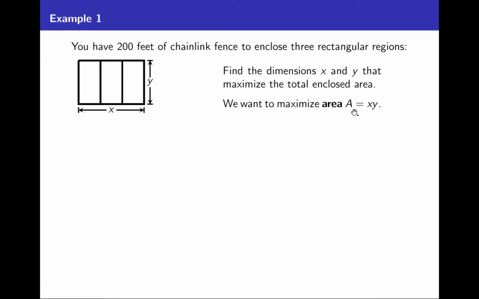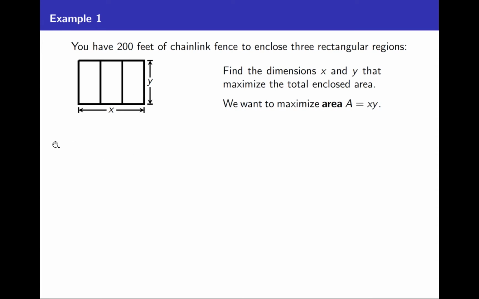Now, the problem with this is, we know how to maximize functions of a variable x, but this is not just one variable. Area here is x times y. So it's kind of hard to say what a derivative of that would be. It's not a function of x, so we can't apply our techniques for finding max and min to it.